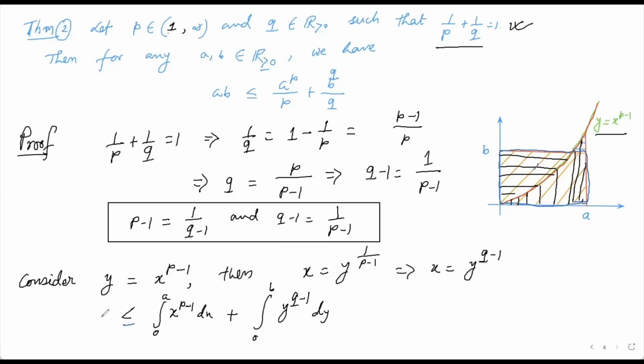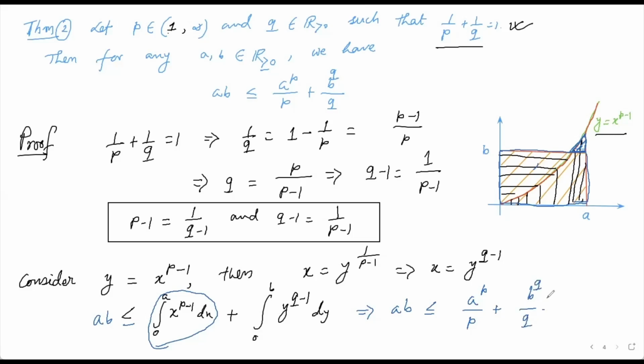Therefore AB is always less than or equal to the sum of these two areas. The right hand side has the extra area. So this implies AB is less or equal to A power P over P, since the value of this integration is A power P over P, and the value of this integration is B power Q over Q.